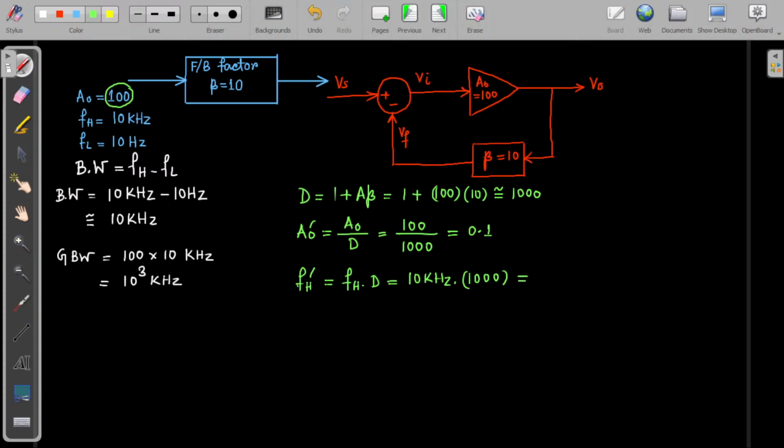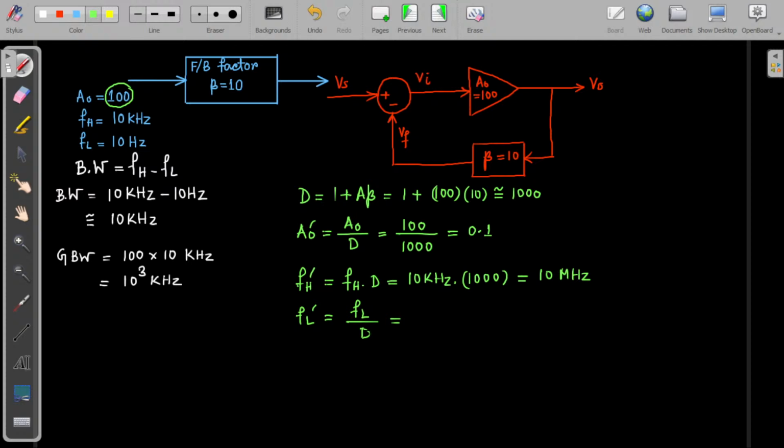So if we calculate this, you can see it will be 10 megahertz. Similarly, if we calculate the FL dash, FL dash value will be FL divided by D.